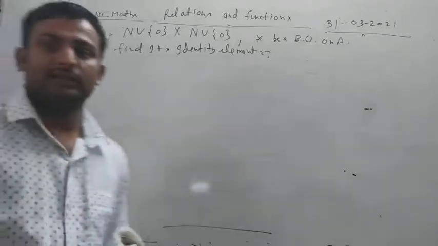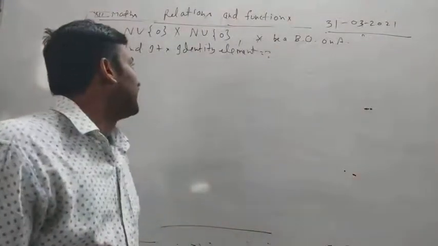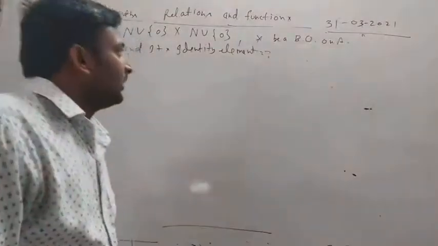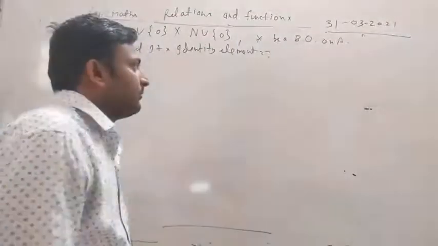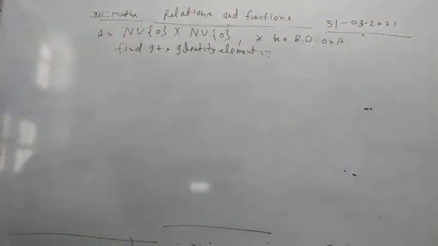Our question is, our set A is equal to N union 0 cross N union 0. Then star is a binary operation on A, then find its identity element.